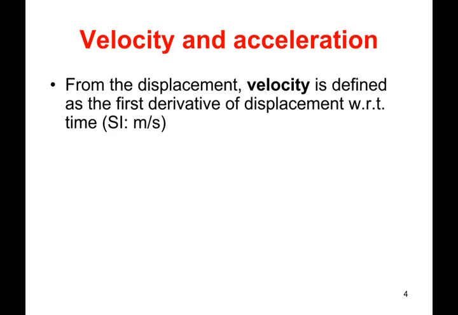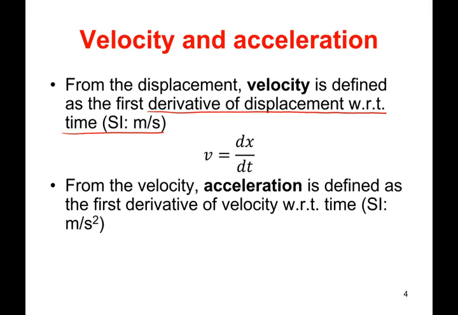So we define the velocity from displacement, and it is defined as the first derivative of displacement with respect to time, and its units essentially are going to be meters per second. So velocity, the first derivative of displacement with respect to time, or dx versus dt.